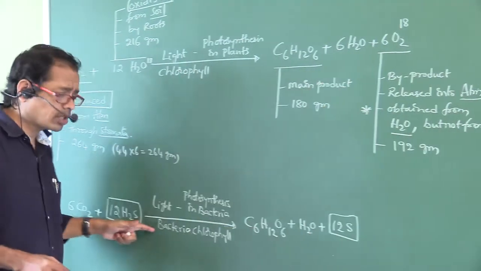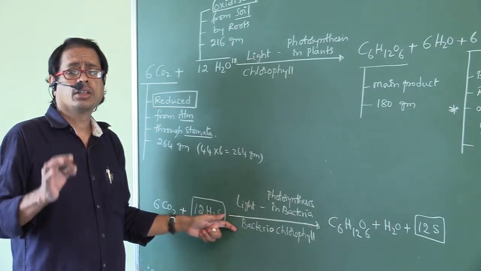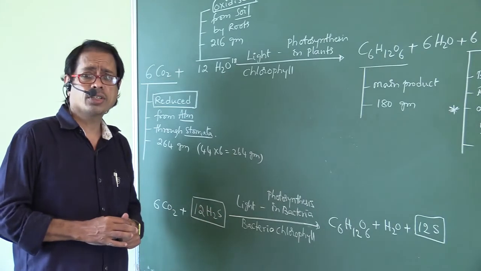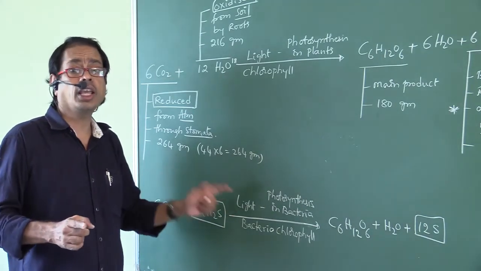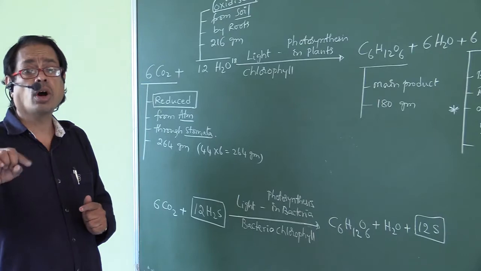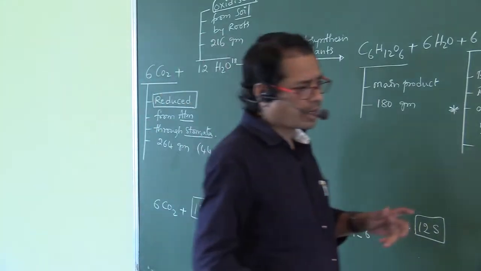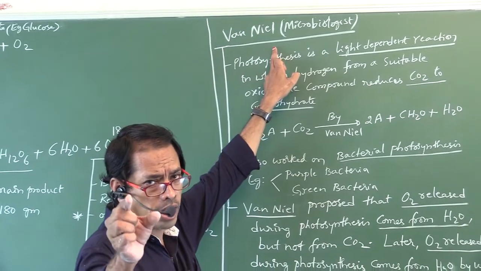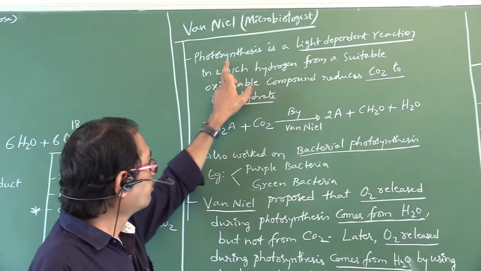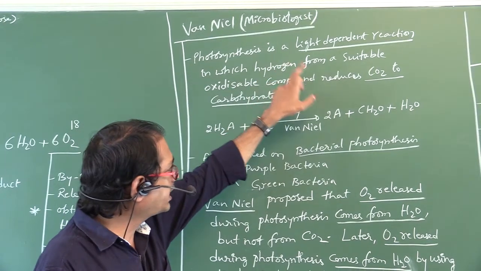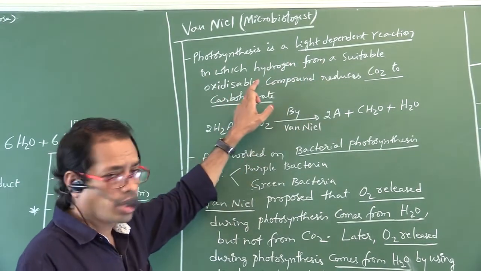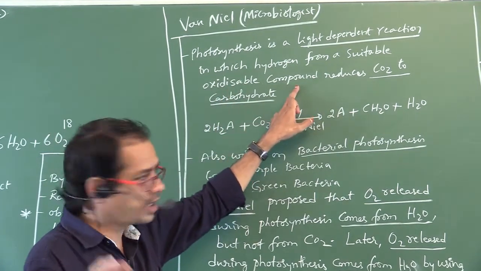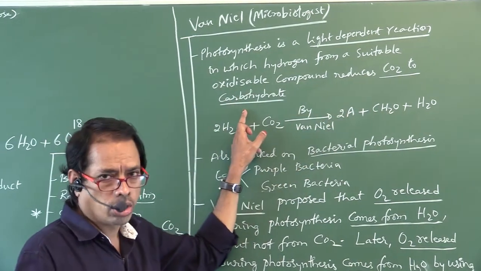Bacterial photosynthesis was demonstrated by Van Niel. Who is that scientist? Van Niel. Now look here, my dear students. Van Niel belongs to microbiology, a so-called microbiologist. Photosynthesis is a light-dependent reaction in which hydrogen from a suitable oxidizable compound reduces CO2 to carbohydrate.